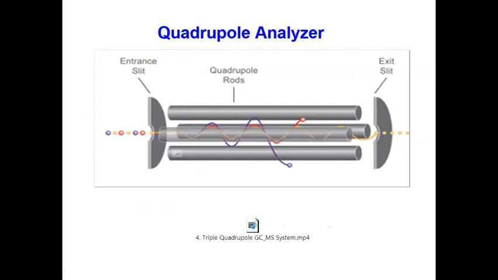This is again a block diagram to understand the travelling of different ions in a quadrupole mass analyzer. Only some of the molecular ions reach the detector, those which match the applied voltage and the applied radio frequency, and other molecules are thrown out from the quadrupole analyzer.